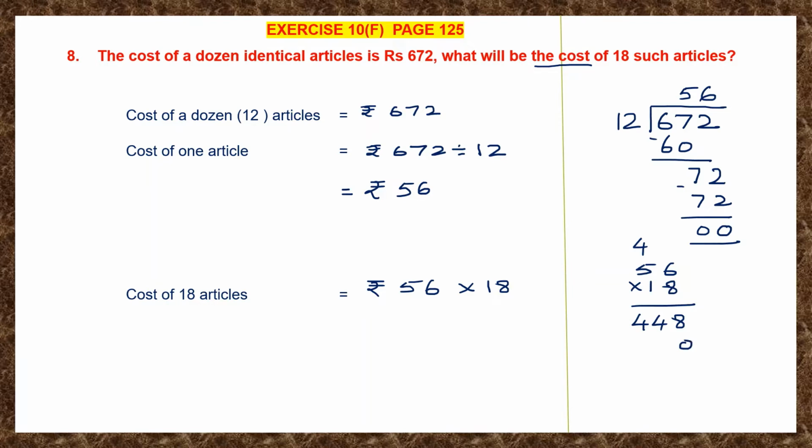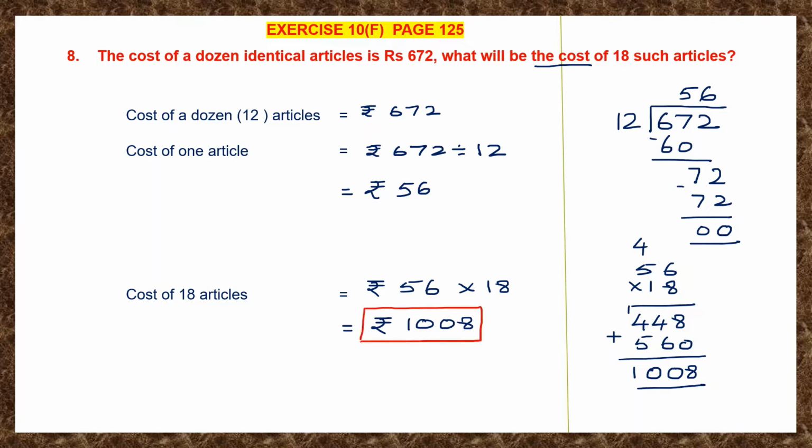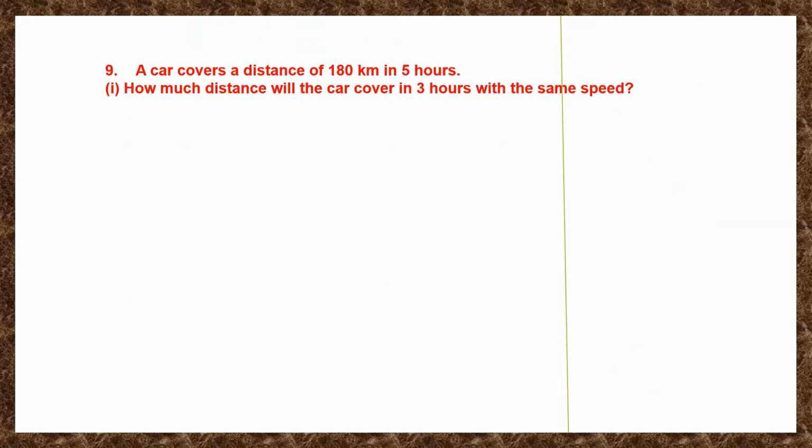Second step, 1 6 is 6, 1 5 is 5. Plus 8, 4 plus 6 is 10, carry 1. 4 plus 1 is 5, 5 plus 5 is 10. So I've got 1008. So we've been asked to find the cost of 18 articles and we found it to be rupees 1008.